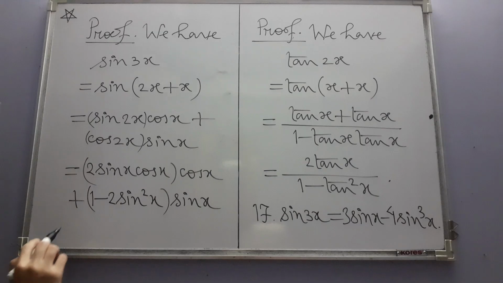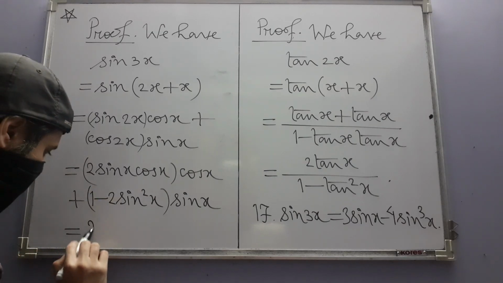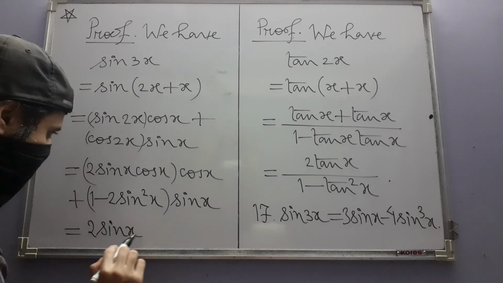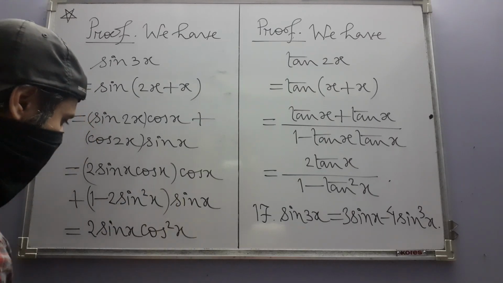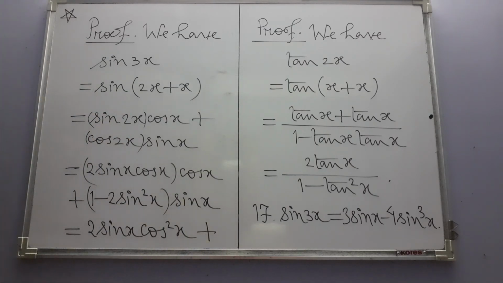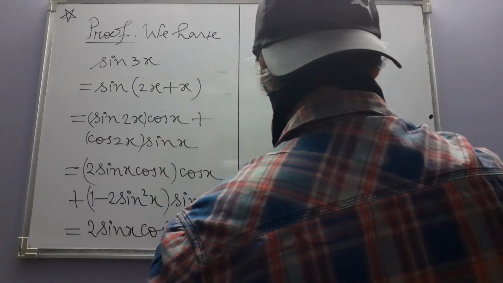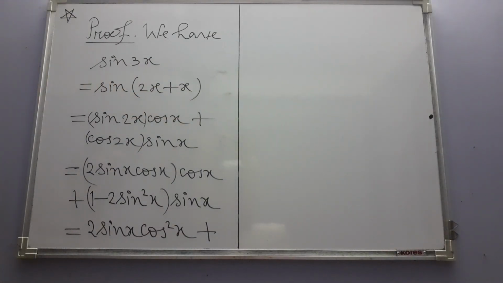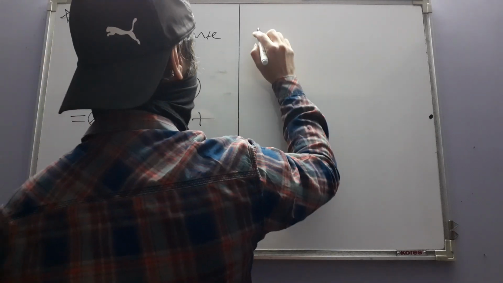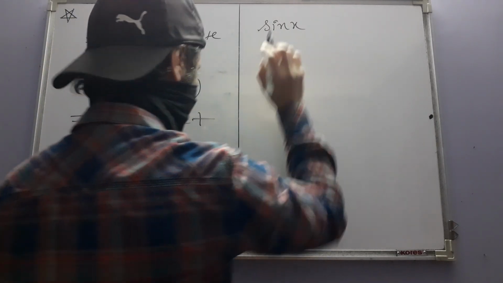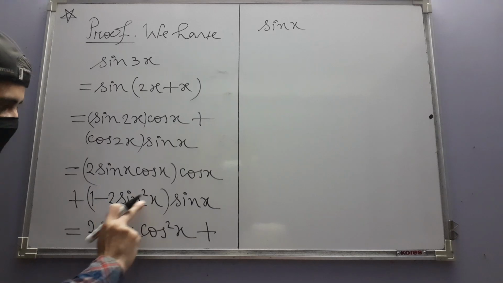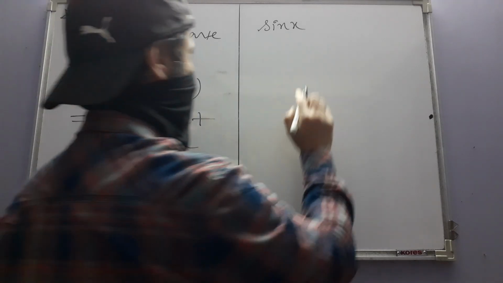Alright. So this now becomes 2 sine x times cos square x plus, we can already multiply this and see what we get. So this will be sin x times 1, that means sin x minus 2 sin square x times sin x is sin cube x.